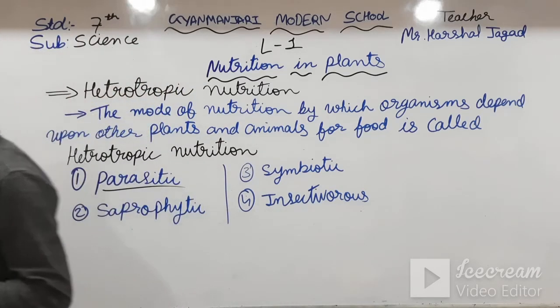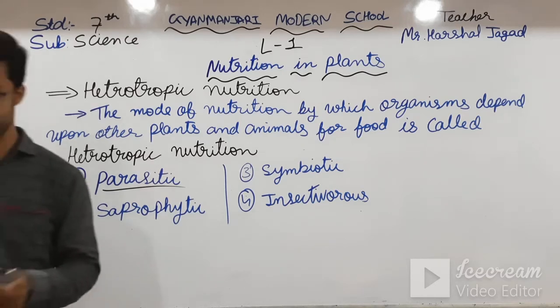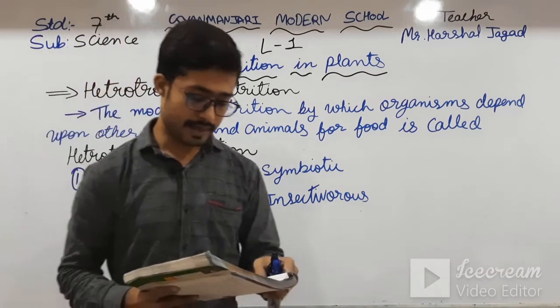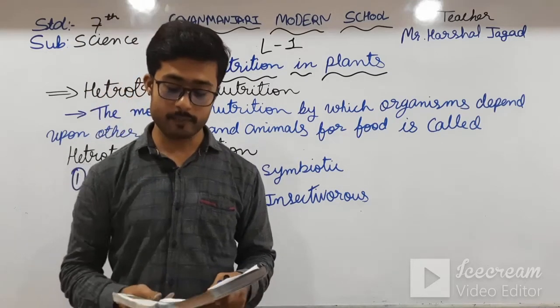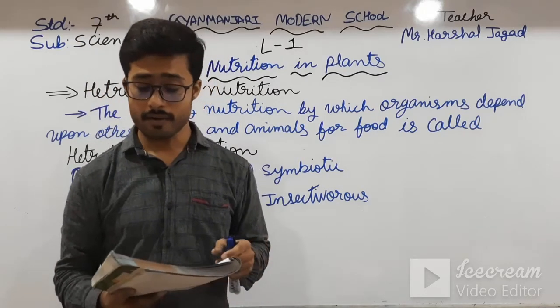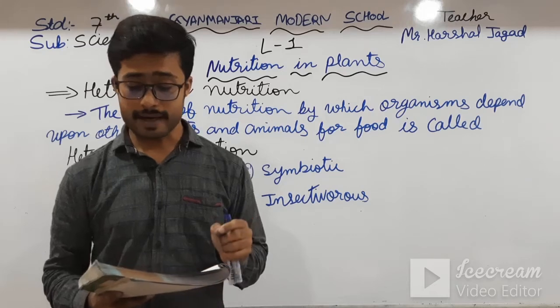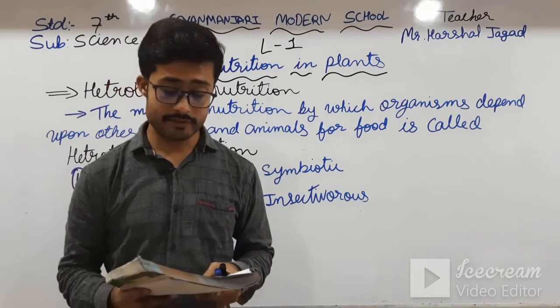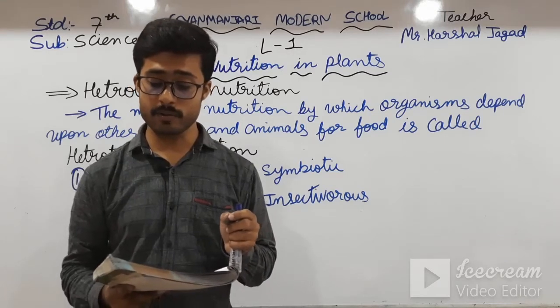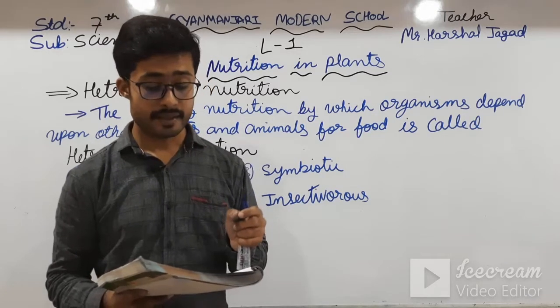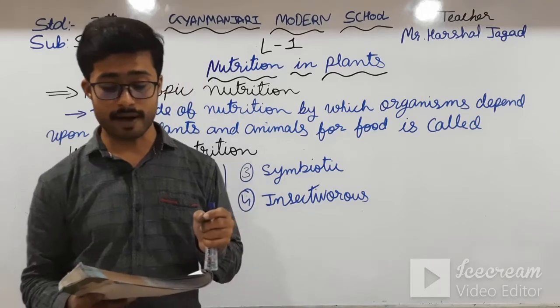Now I am reading that. Plants that absorb nutrition from dead or decaying organic matter are called saprophytic plants. These plants are not green since they lack chlorophyll and are hence unable to carry out photosynthesis. They appear non-green, usually white in color.